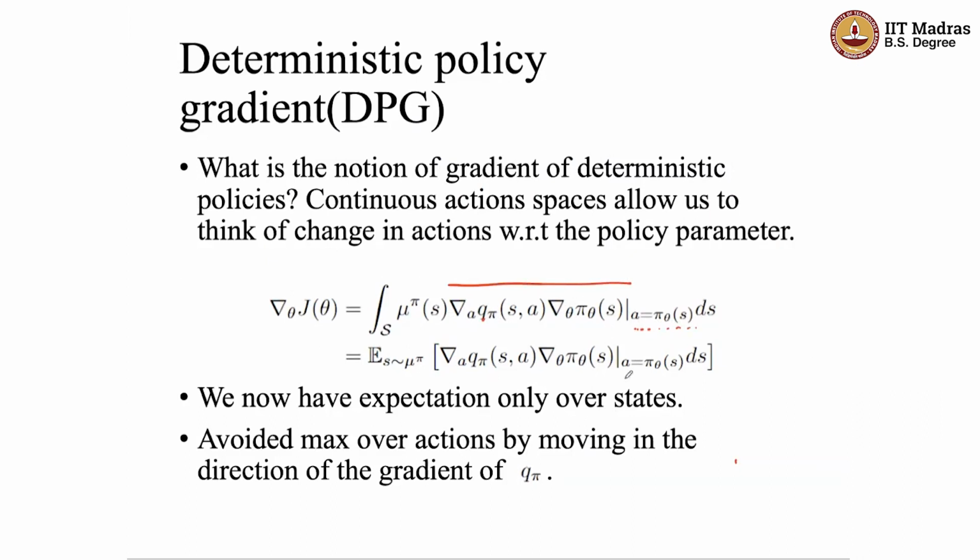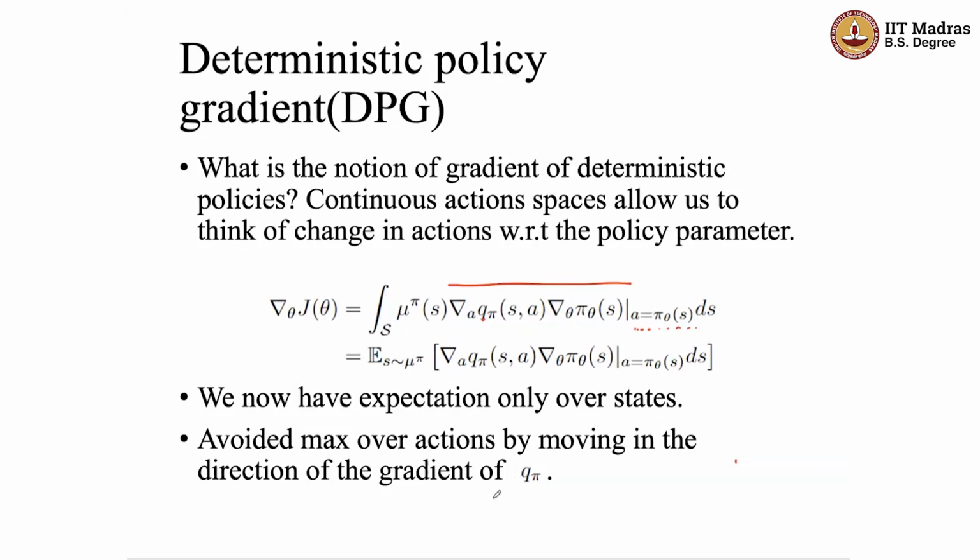Now this integral can be translated into this expectation. I can approximate this expectation by taking samples over states according to the policy pi. So I fix my parameters theta, take a lot of samples, compute this expression, take the mean and use that as my update.